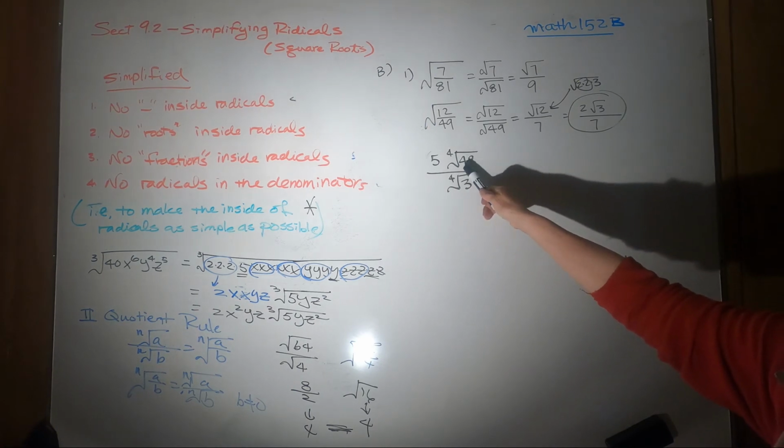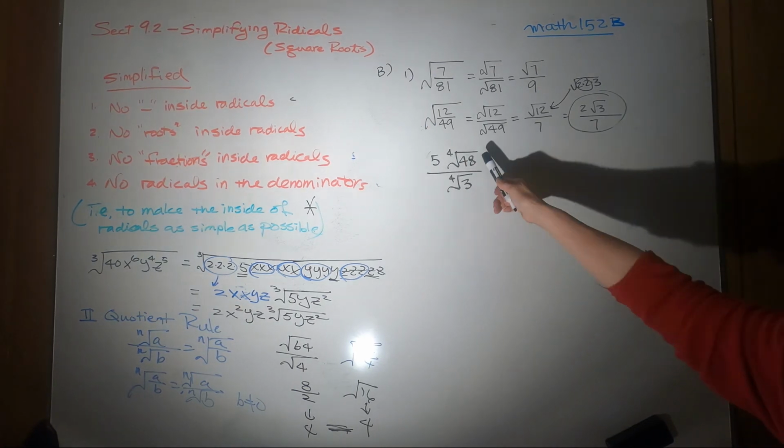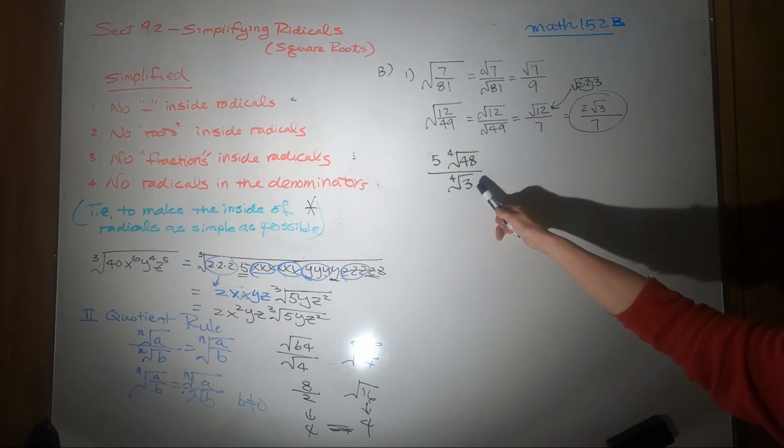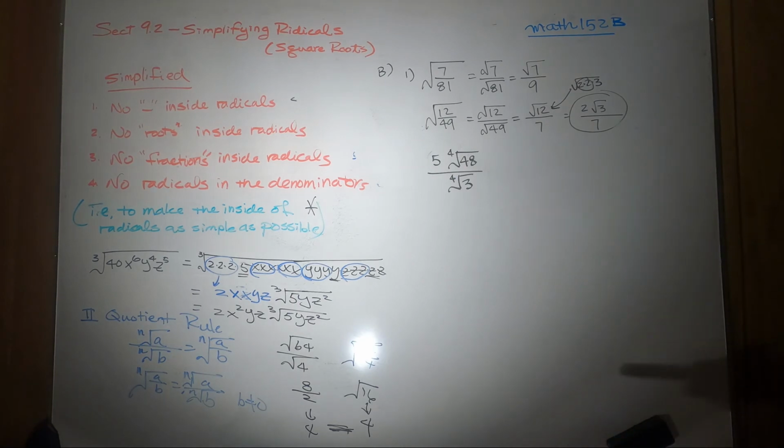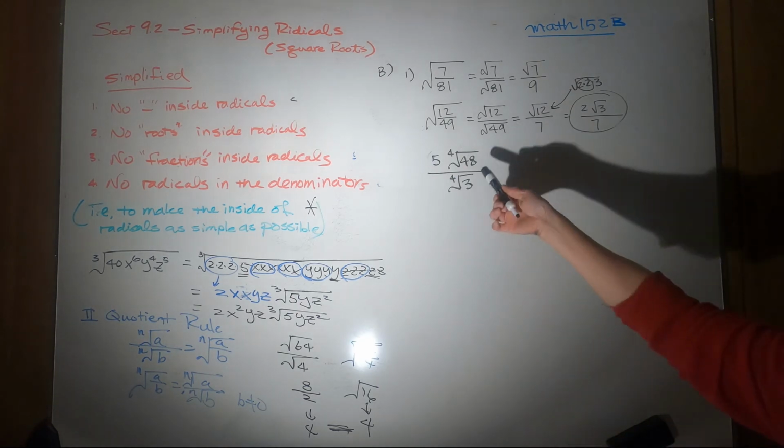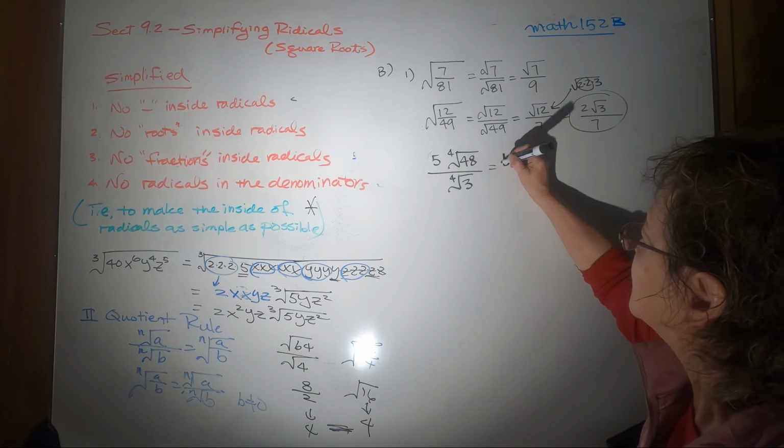Then you find out 48 divided by 3, you have 16. Then the 4th root of 16. It's a good number. Right now it's separated, so we put it together.